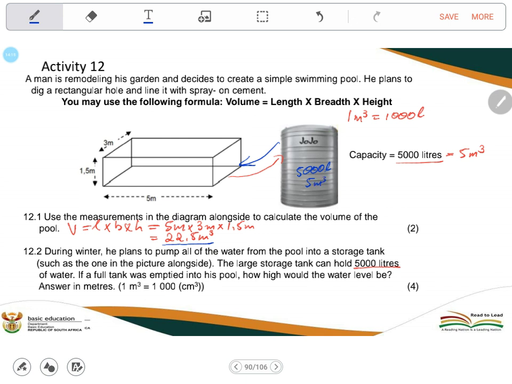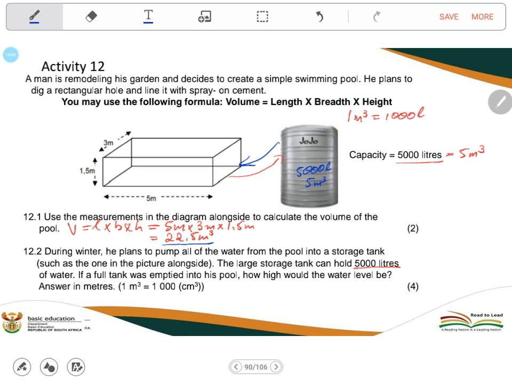So the rest of the water will be poured out. But then when he tries to fill back, the swimming pool will not be full to capacity again, because most of the water that he had to pump out did not go into the tank.